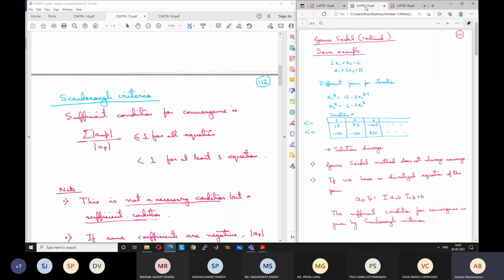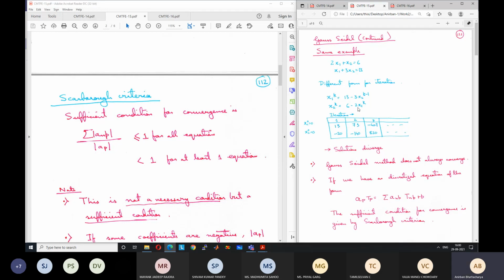What about this case? Same equation, same problem, but why we were writing in a different form. So for the first equation, what is the value? 3/1, sir. 3/1, correct. So it is not satisfied. Even if one equation is not satisfied, that means Scarborough criteria is not satisfied.